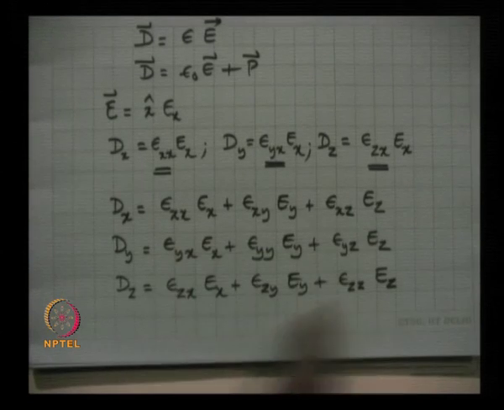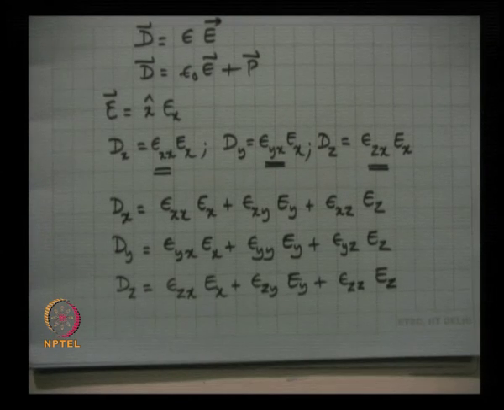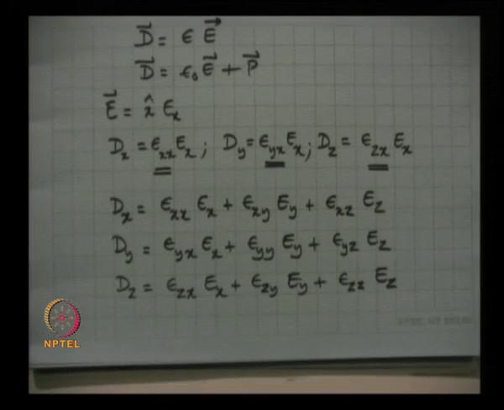So, these equations tell me that if I have some arbitrary coordinate system x y z, and I apply an electric field which has components E x, E y and E z, this electric field can in general generate all 3 components of a displacement vector Dx, Dy, Dz. All of them depend on all the 3 components of the electric field.